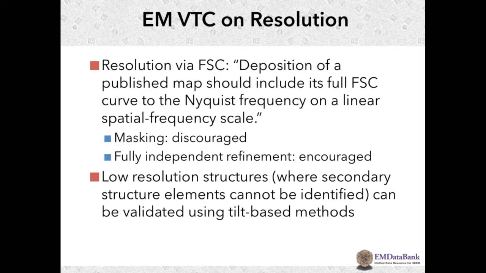Yes? A quick question about the FSC. What is the significance of the top? If you're looking at it, there's this plateau before it slopes downwards. What's the significance of the highest point right before the downward slope?